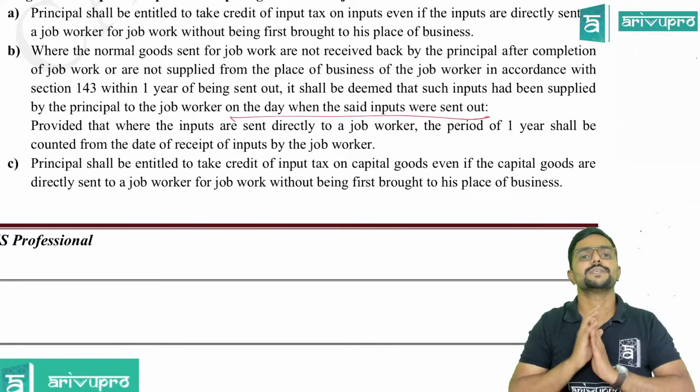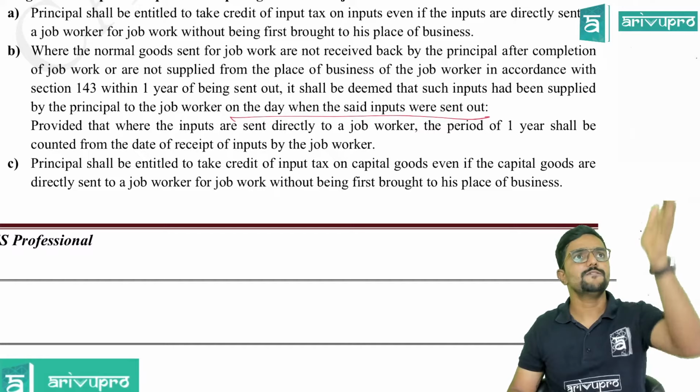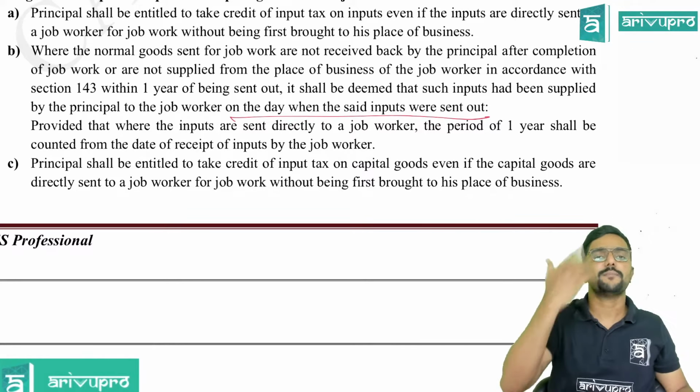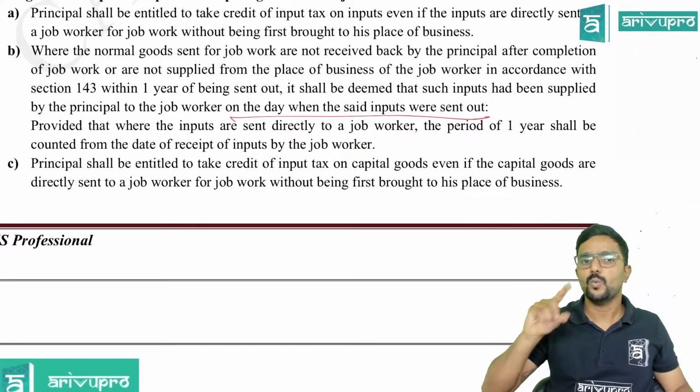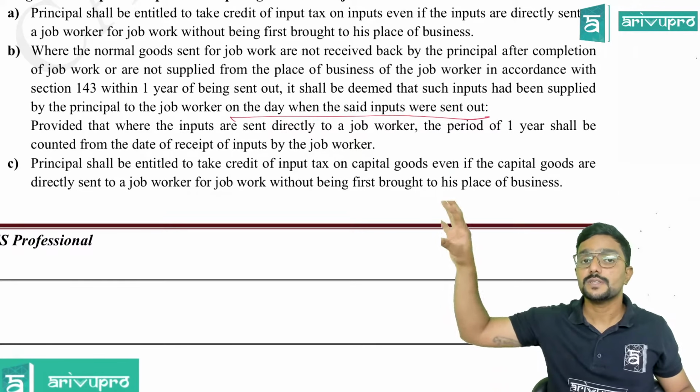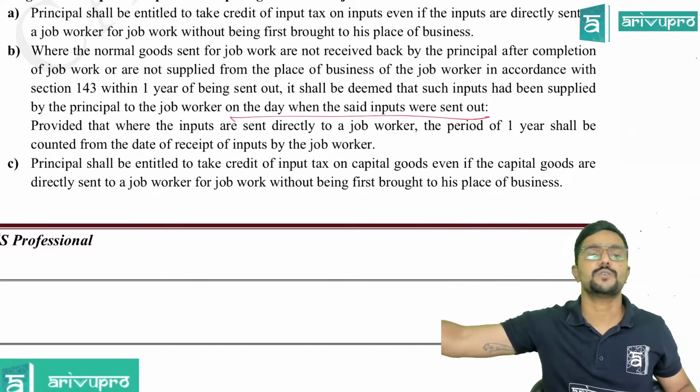Next, what if the input is directly delivered to the job worker's place by my supplier? In that case, the 1 year time limit will be counted from the date on which the job worker has received the goods.